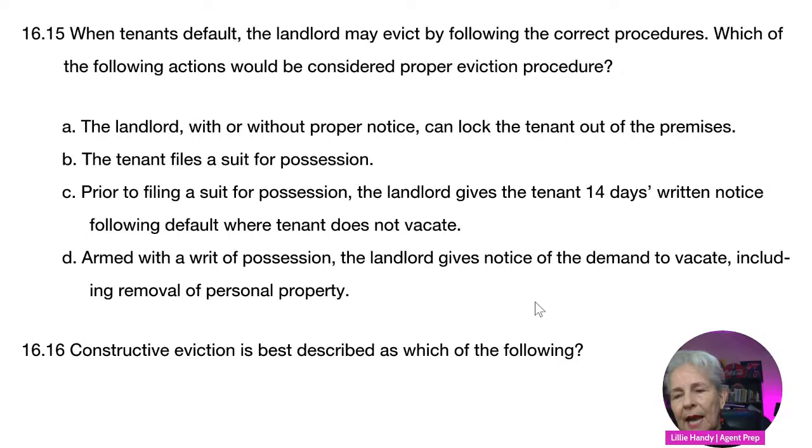So that's after, okay, they don't vacate. So they're in default. The landlord's going to give them a notice on the door. Okay, and it again depends. So it says here, with notice, the landlord may lock out a tenant, which doesn't usually happen, but, well, I shouldn't say that, pardon me.